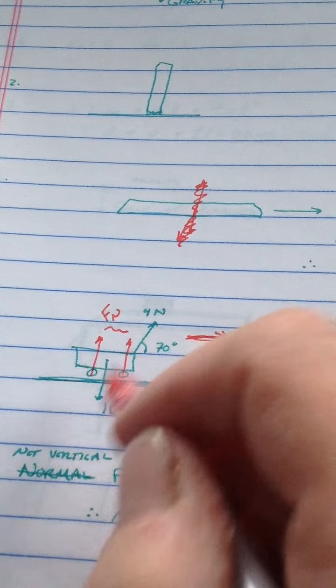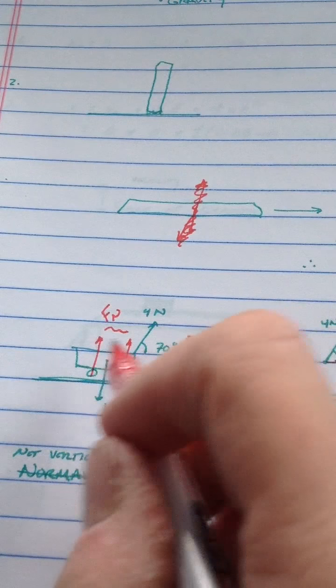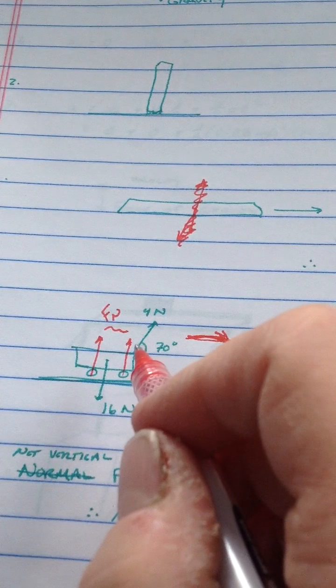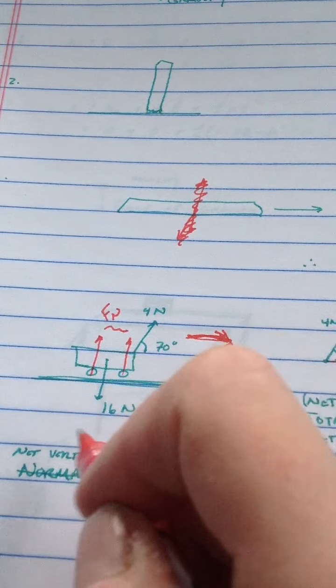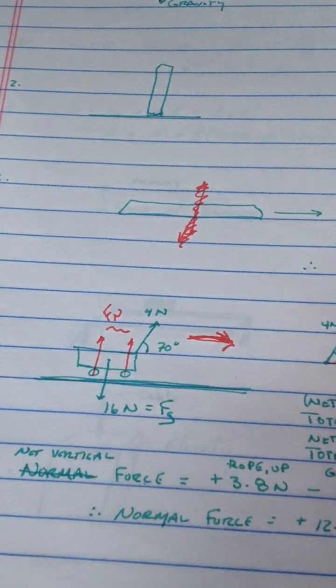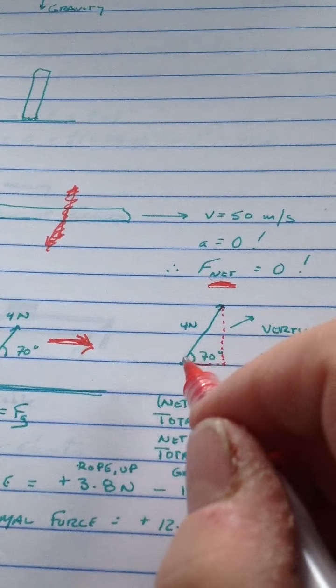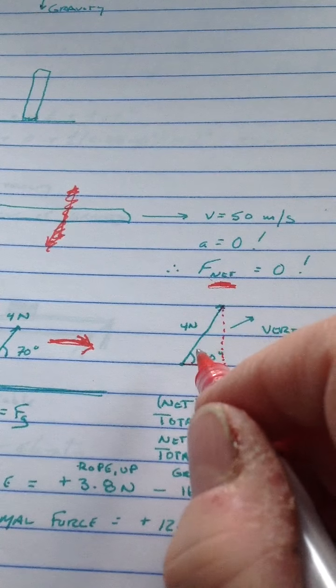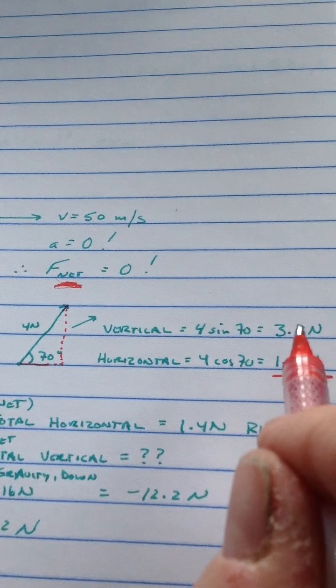We have a normal force by the Earth's surface, which is of unknown magnitude, and then we have another vertical force on this wagon which is counteracting the force of gravity in part, and that is the vertical component of the force in the rope. We found that that was, remember, 3.8 newtons.